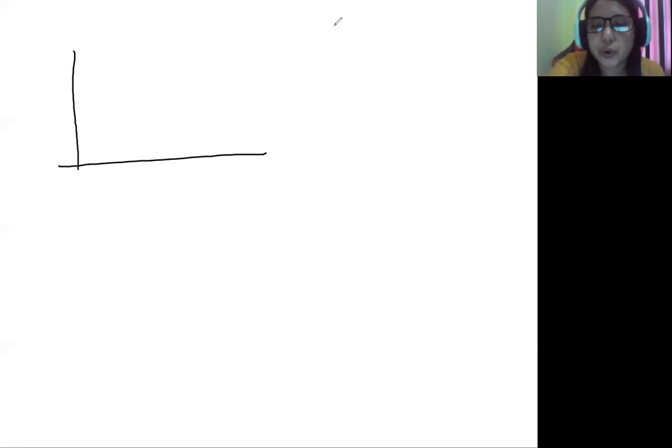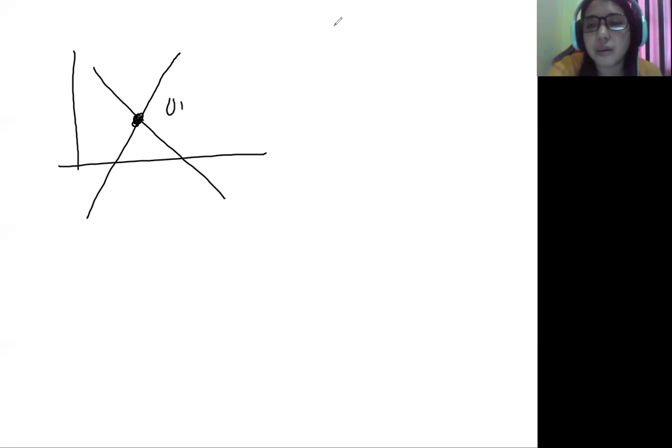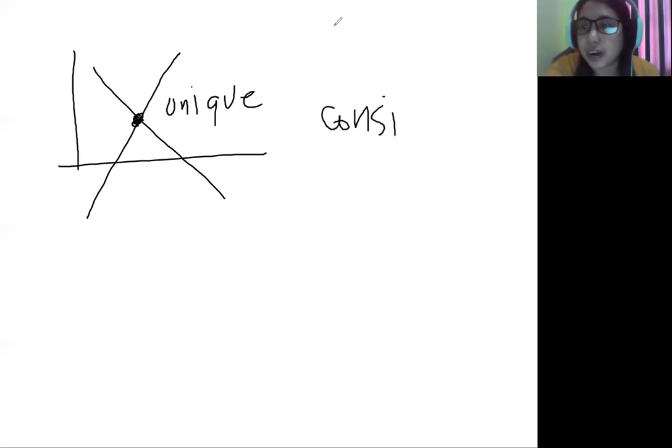Now let us move to some possible situations when we try to figure out the solution of a system. Suppose we find that there is a unique solution. For instance, the graph will show that these two lines intersect only at this point. So there is a unique solution, and if it contains a unique solution, the system of linear equations is called consistent.